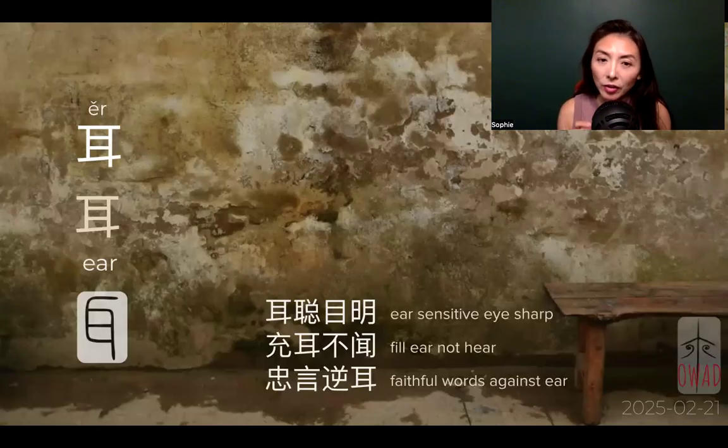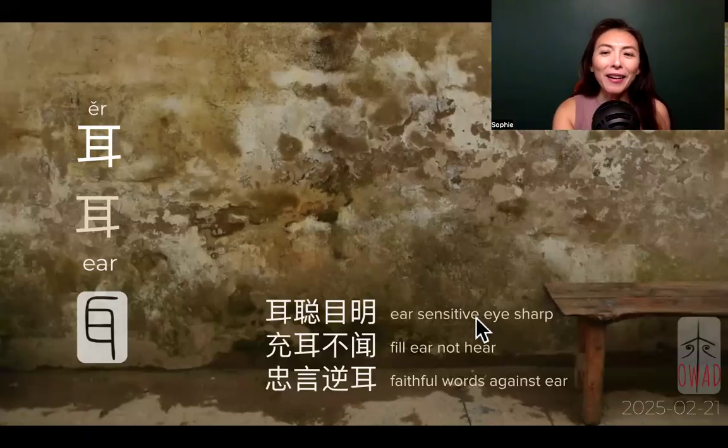So in Chinese, we recognize that and associate how sensitive your ears and how sharp your eyes are, in their service as sensors, with your being smart.